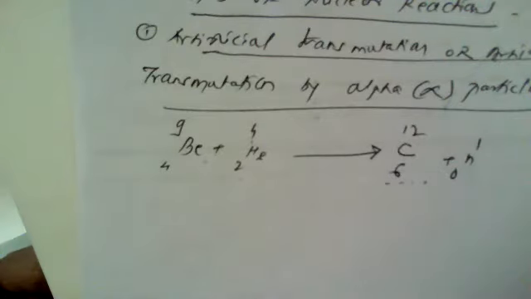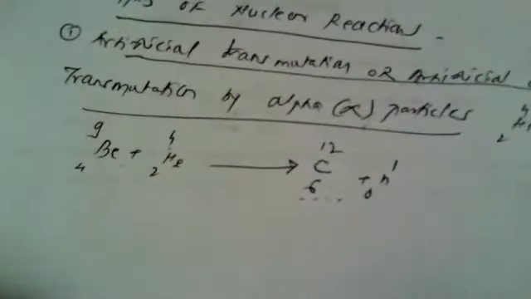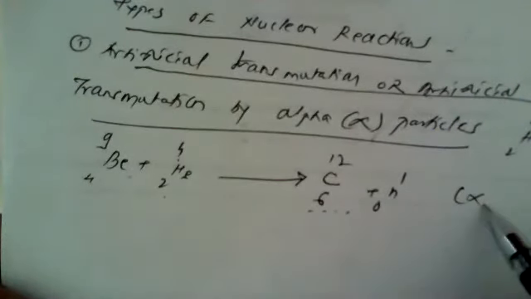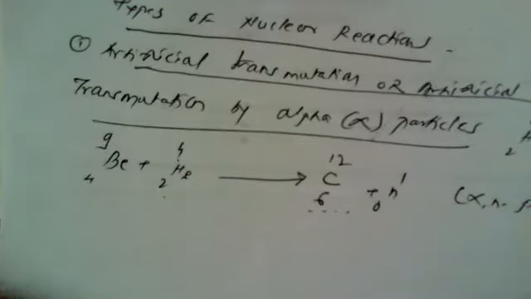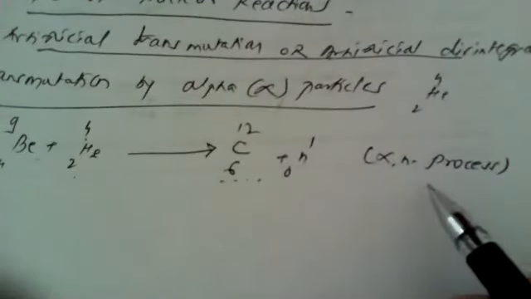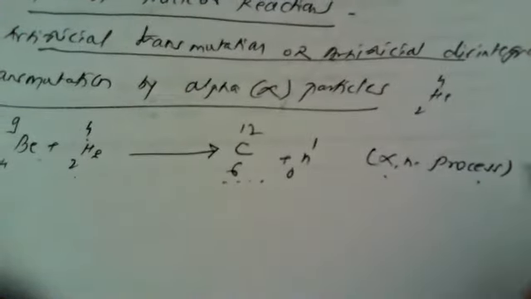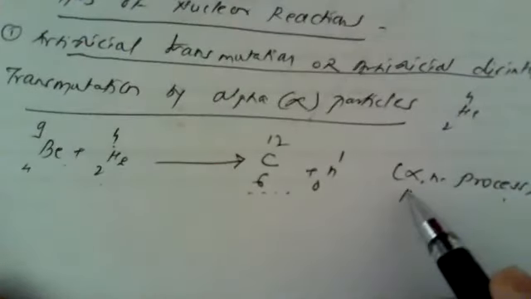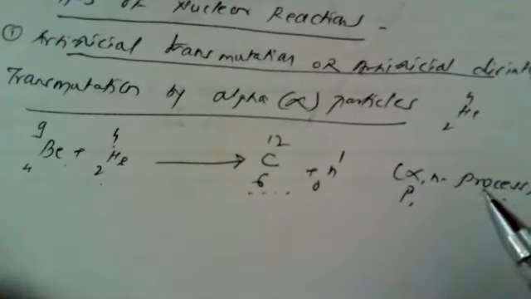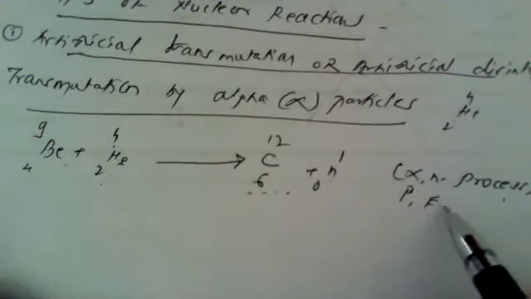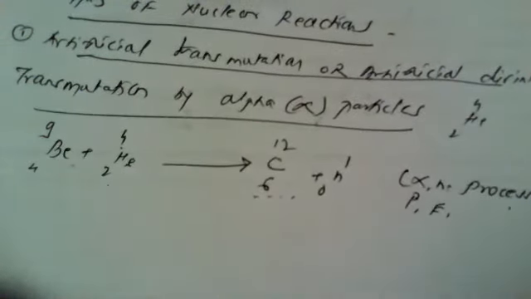Atomic number 6 is carbon. Now this reaction is also known as the alpha-n process. Why is it alpha-n process? Because the projectiles are alpha particles and the ejectiles are neutrons.